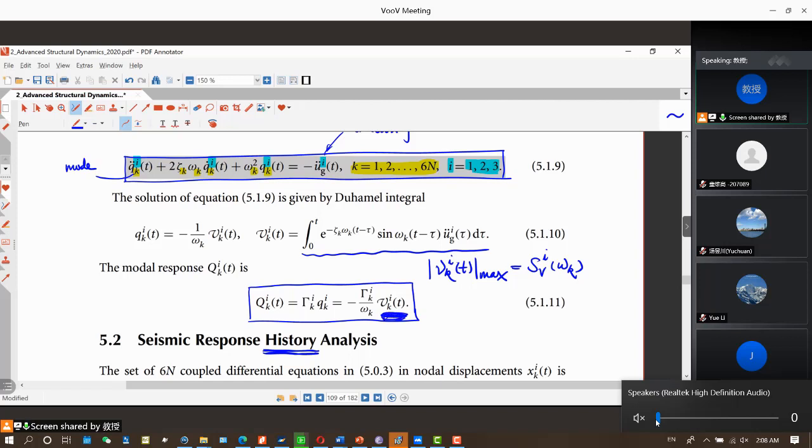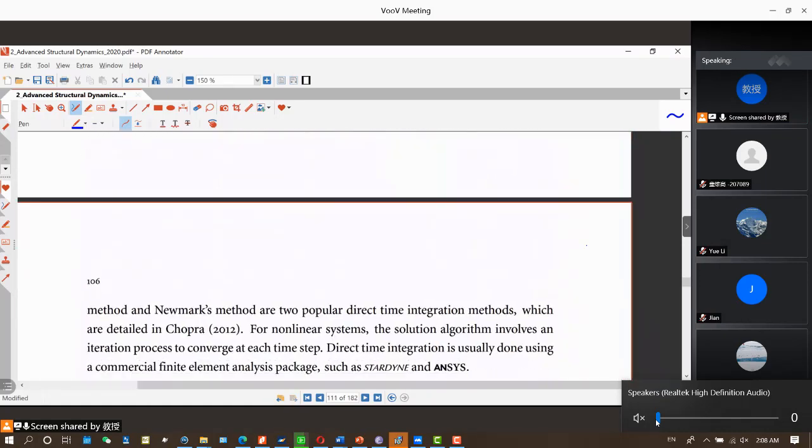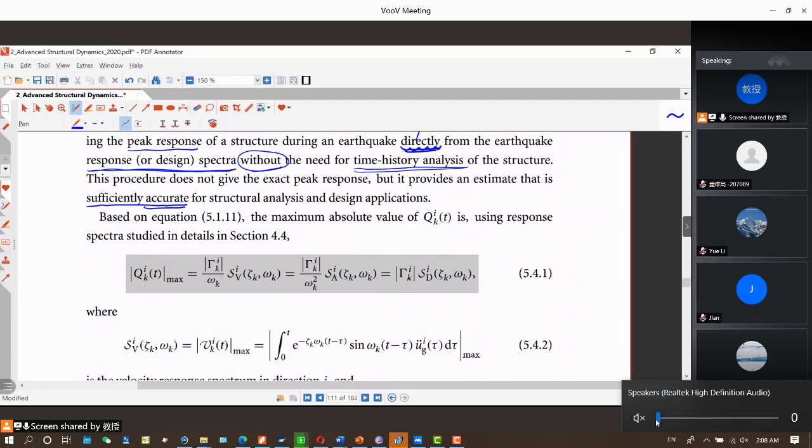Divide by omega, then it gives you the acceleration response spectrum. Or multiply by omega, you can get the displacement using the displacement spectrum. So SV is defined as the maximum value of V, or the maximum value of this integral, and we introduced this as the velocity response spectrum last week.